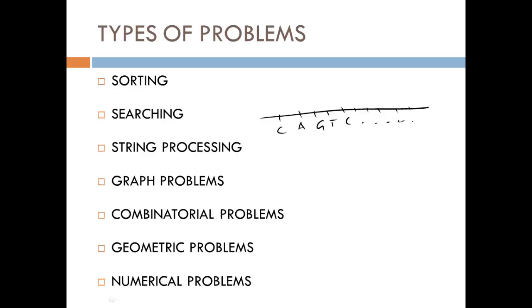There are also a class of problems called graph problems that we'll study. Basically, many problems in computer science can be modeled as a graph problem. A graph is a set of vertices with edges connecting them. Perhaps there's a direction to these edges as well, and we can look at several graph problems.